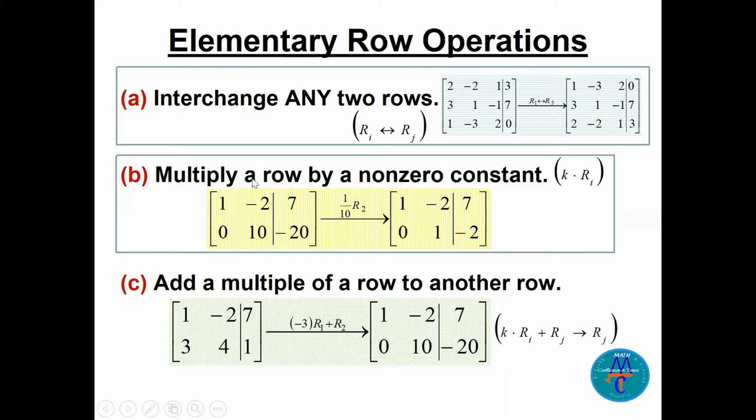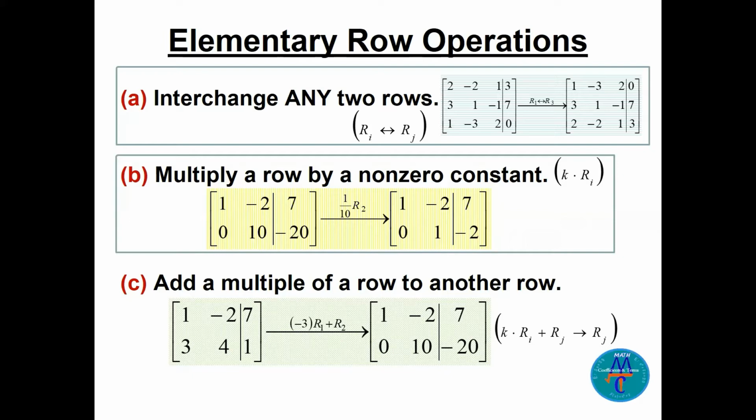Now let's multiply a row by a non-zero constant. So we can multiply K times row sub I here. So we have 1, minus 2, 7, 0, 10, minus 20. Let's multiply row 2 here by a number, 1 over 10. You can multiply by 5, you can multiply by minus 6, by half, by minus 2 over 3.